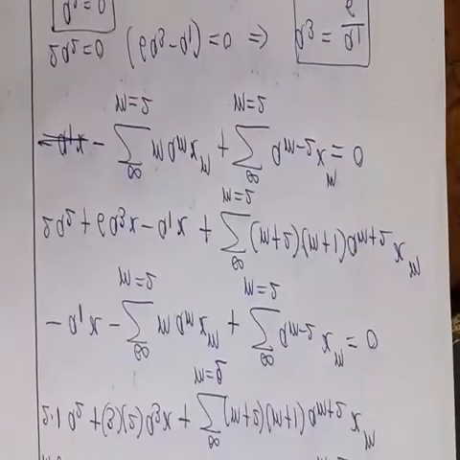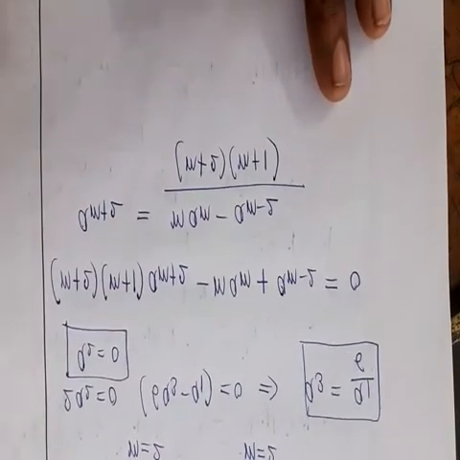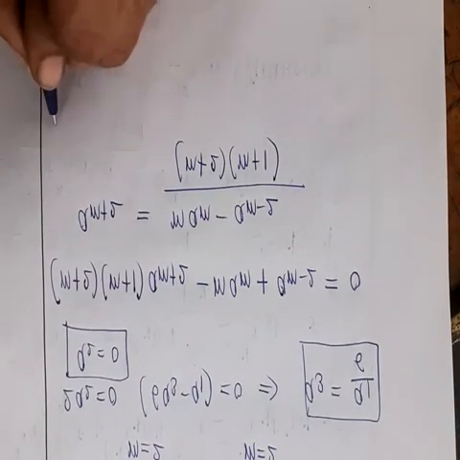But the summation starts from 2, so we have to substitute m equal to 2, then 3, and so on.